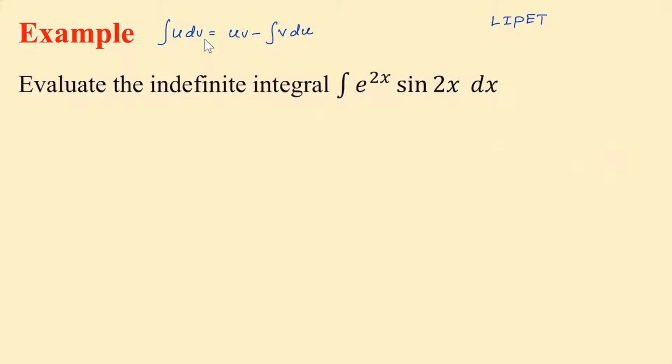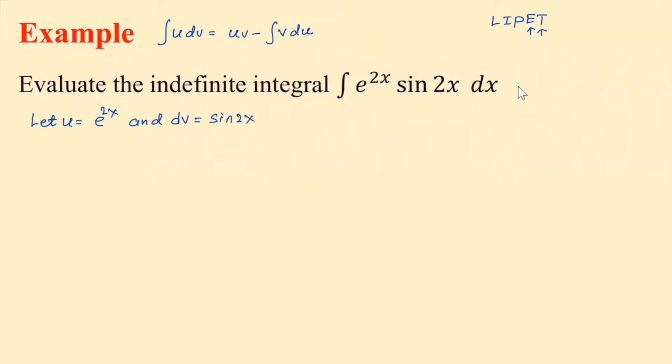Here we have the exponential function and trigonometric function. Because e comes first, your u is the exponential function. So let u equal e to the 2x and dv equal everything other than e to the 2x, that is sine 2x dx.